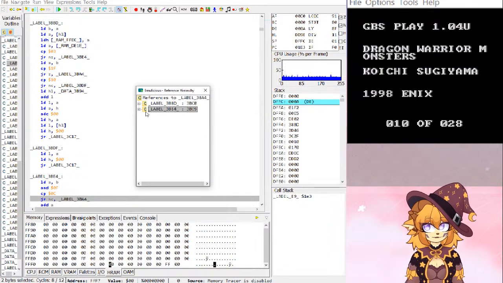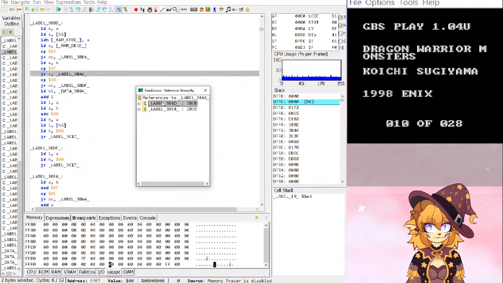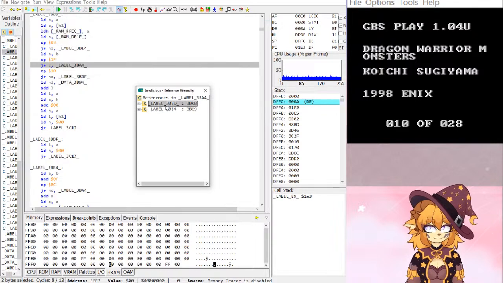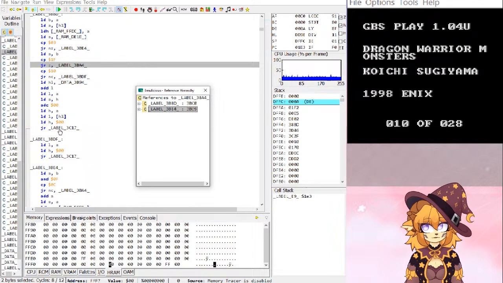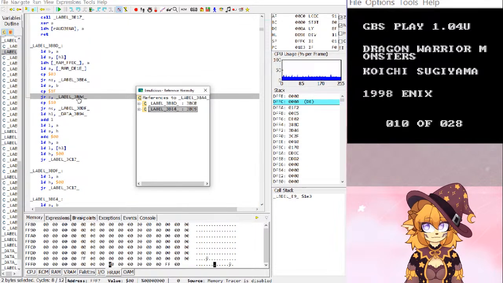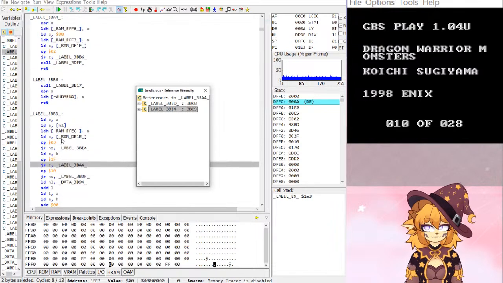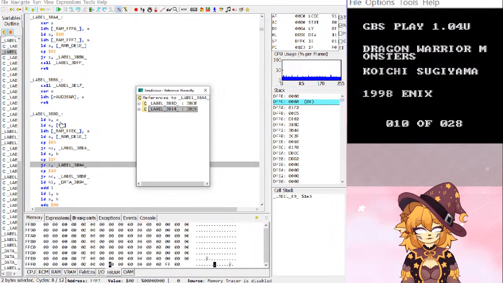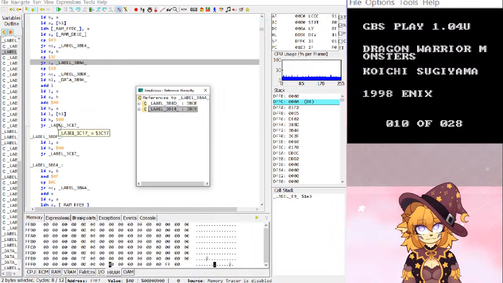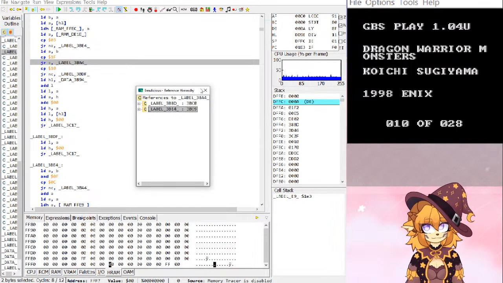Likely still part of the same function, but oh, not that far. I'm going to keep going. I'll figure it out.